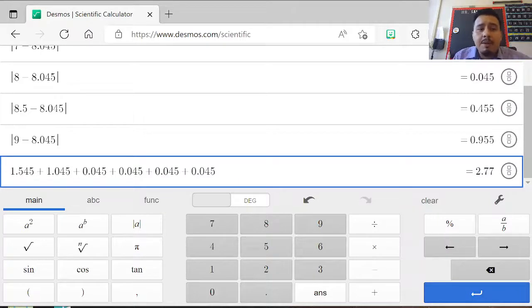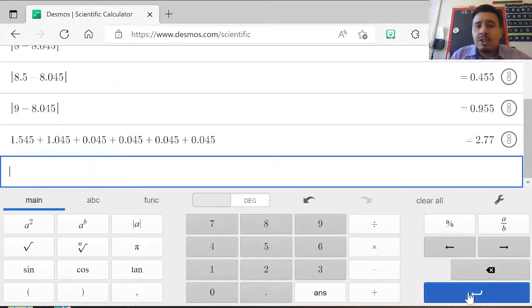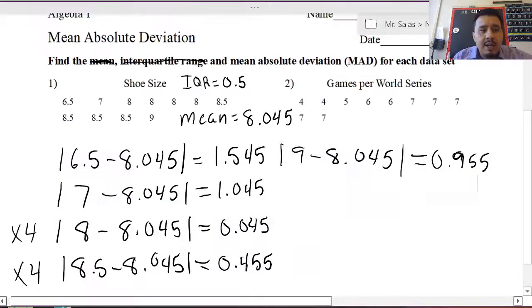I'm just going to hit enter, because if I fill this one bar with all my numbers, it won't fit. I'm going to bring that 2.77 over to my next line and continue with my addition.